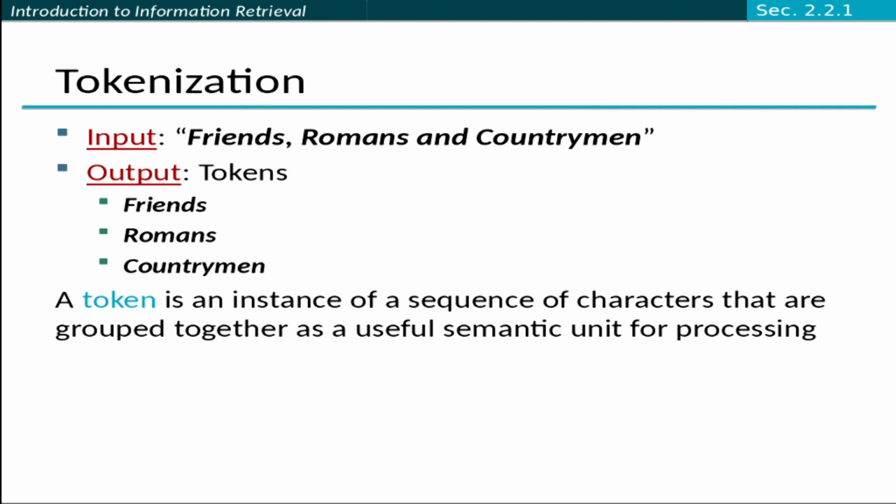So while your intuition is pretty right, usually we use white spaces to have the first tokenization, but we can also consider a completely different tokenization. As an example, "friends" could be one token, and "Romans, countrymen" could be another one. It depends on the semantics that you have in mind.